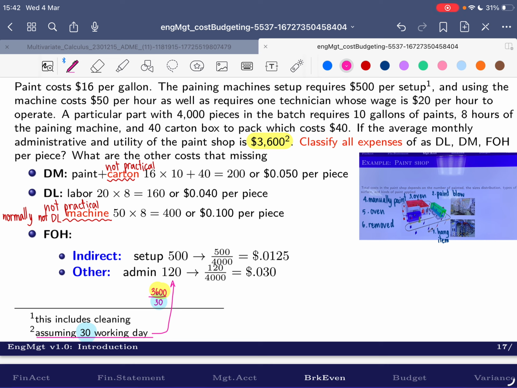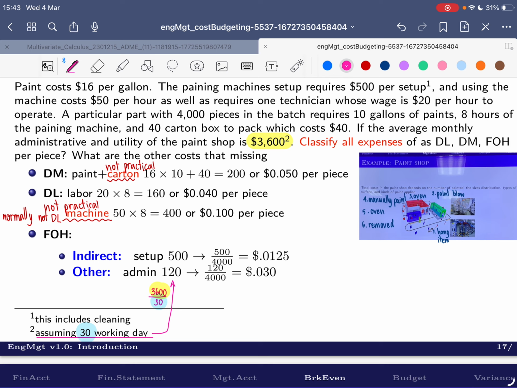You can do whatever you like, as long as it doesn't violate the key assumptions. The key assumptions in this case are that DM has to be material, DL has to be labor, and DM, DL, and factory overhead must occur in the factory. The rest depends on your situation and your analysis.